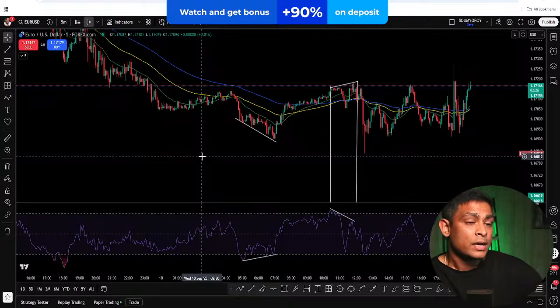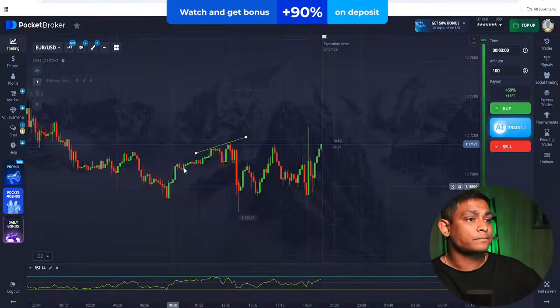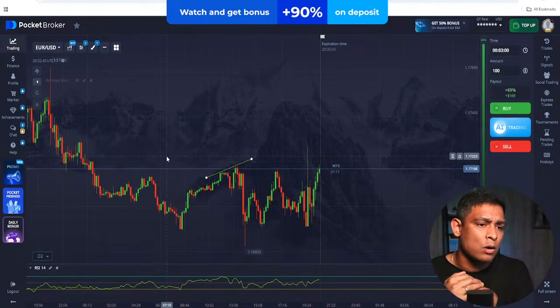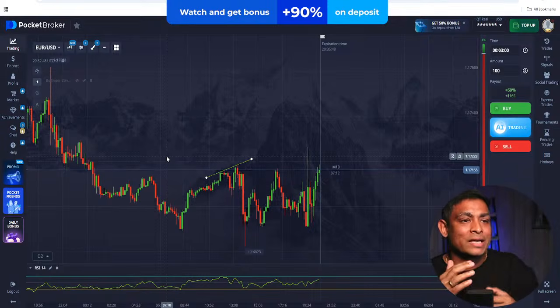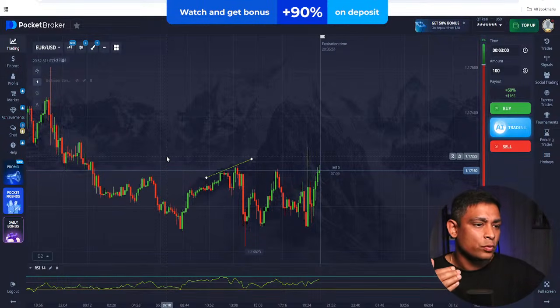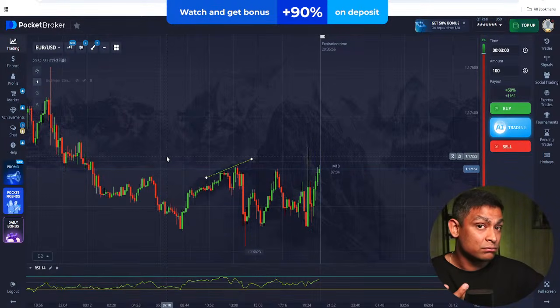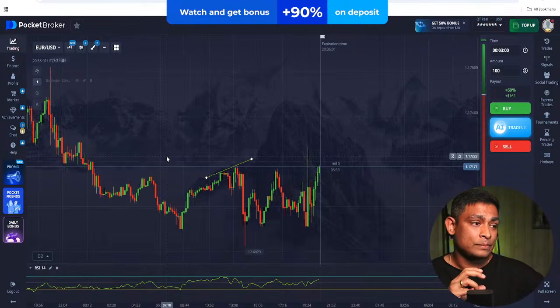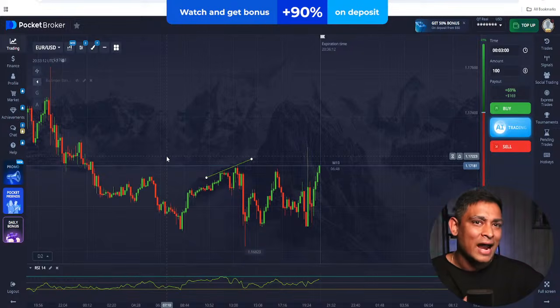Okay, now as we all know, it's not always about winning, it's not always about making profits. The market is a place which is driven by probabilities. Maybe you have found the best divergence of your life. It may so happen that the price went up a couple of candlesticks, or like 5-10 minutes, and then it crashed.